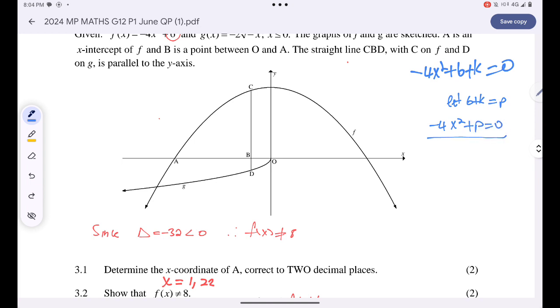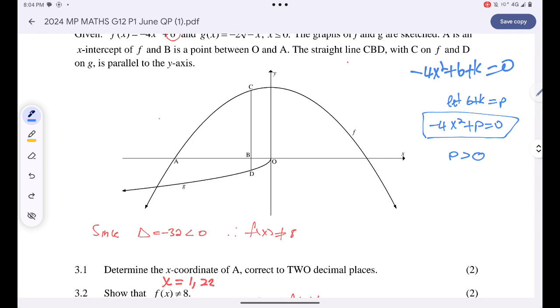For this graph, guys, to have 2 distinct roots, number one, our y-intercept, the value of p, should be greater than 0. First things first, our y-intercept should be greater than 0.